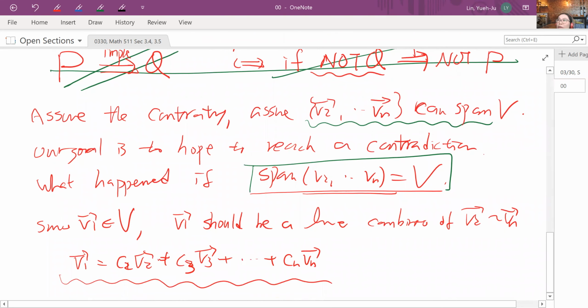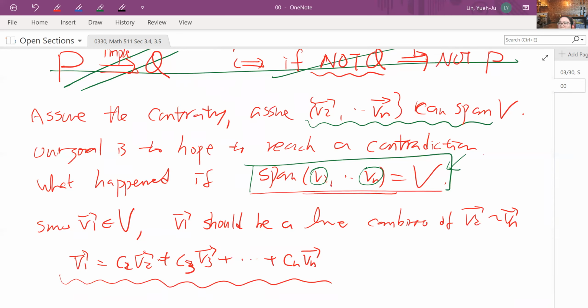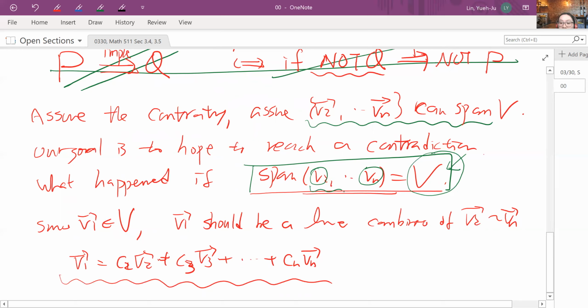What a spanning set means is that any vector in the vector space V should be able to be written as a linear combination of your spanning vectors. Because I claimed that the span of V2 to Vn is the whole space, any vector in my vector space should be able to be written as some linear combination of V2 to Vn. I don't know the exact coefficients, but it can be a linear combination.